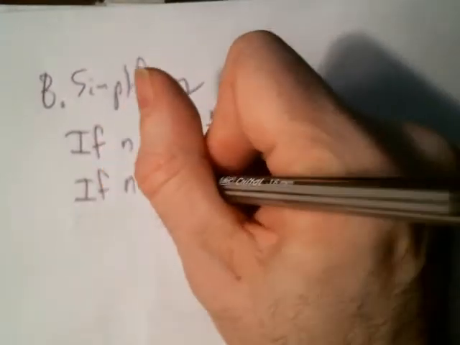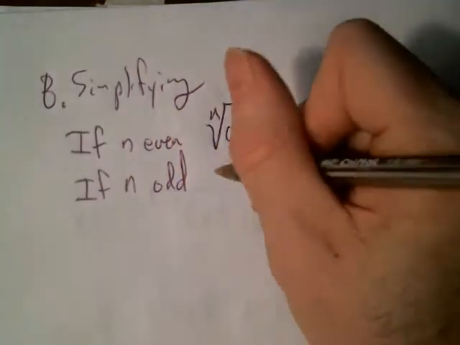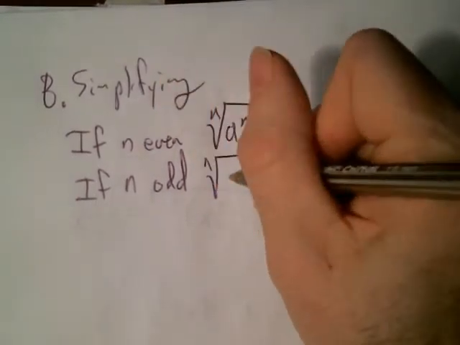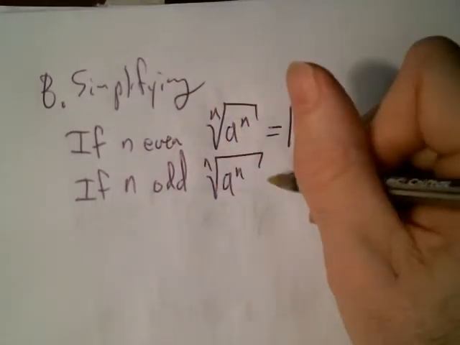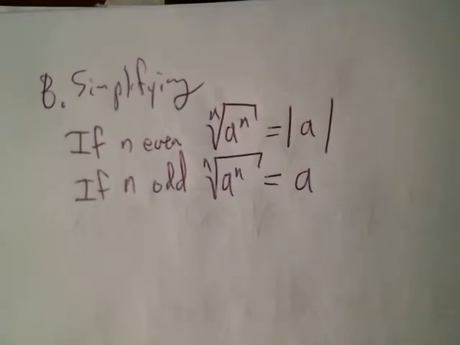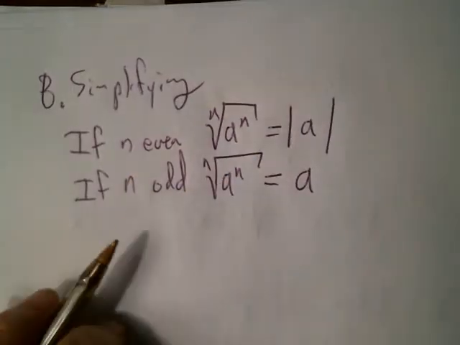If n is odd, then the nth root of something raised to the nth power is just going to give you that something back. The root and the power will cancel each other out, and you'll end where you started, basically, is what I'm trying to say.